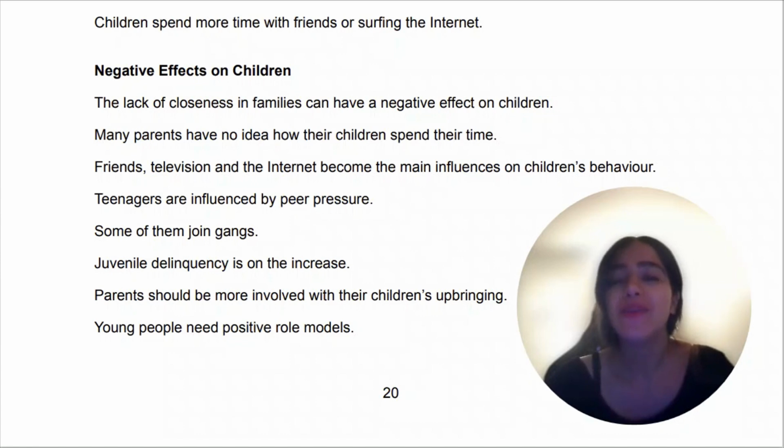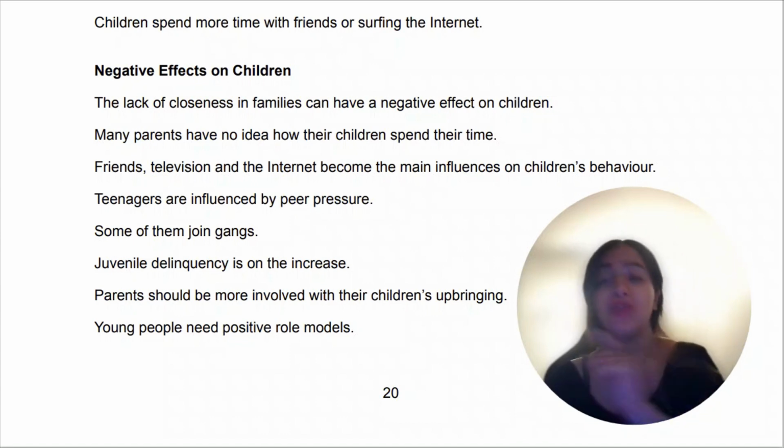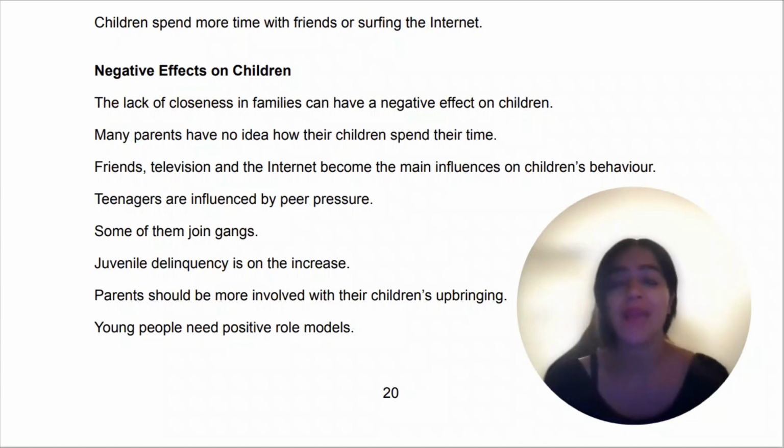Remember to use the as the article before internet. Become the main influences. As you can see, we have S showing the plural form of the nouns here because we are referring to three items. It's not one. On children's behavior. So here we have the preposition on used again.